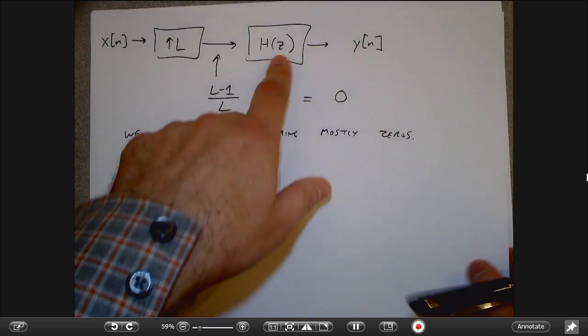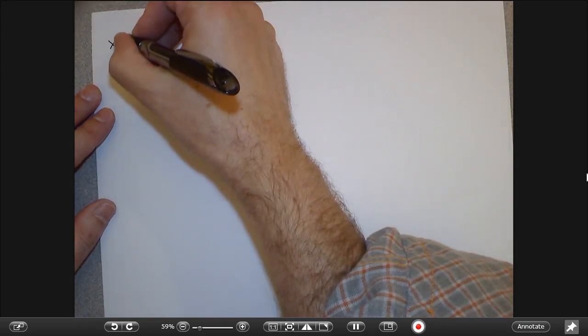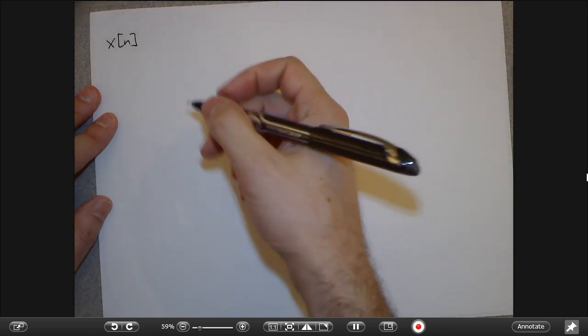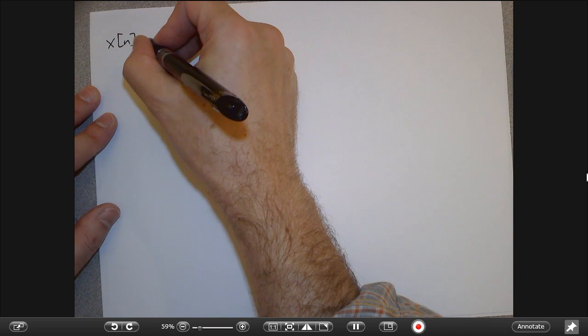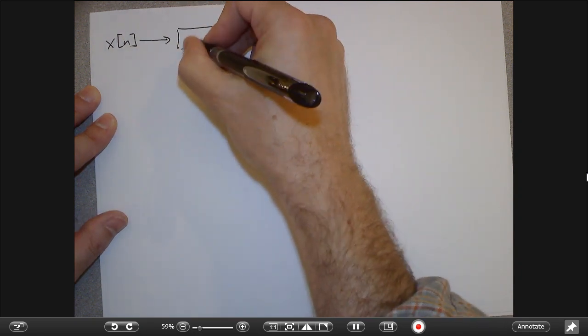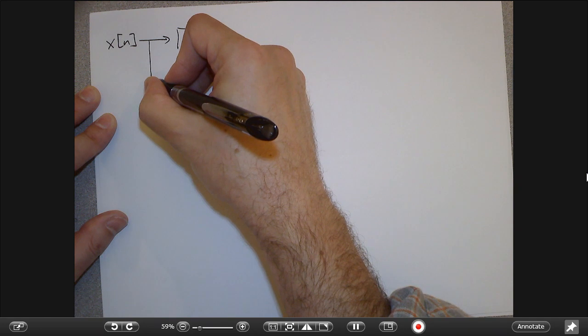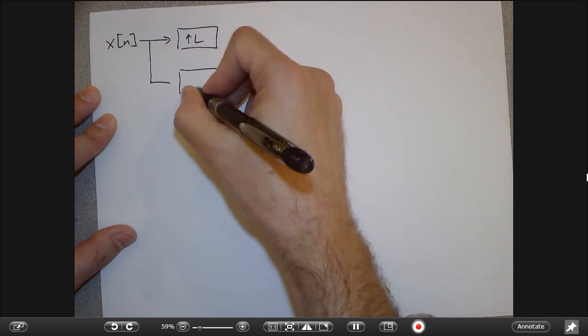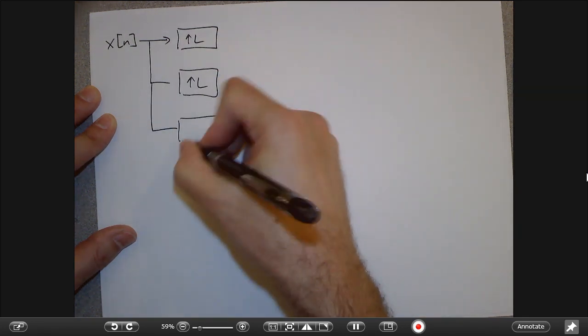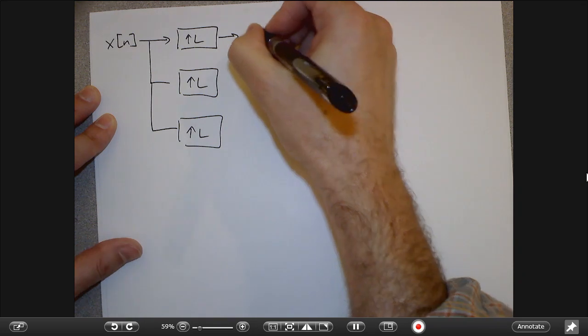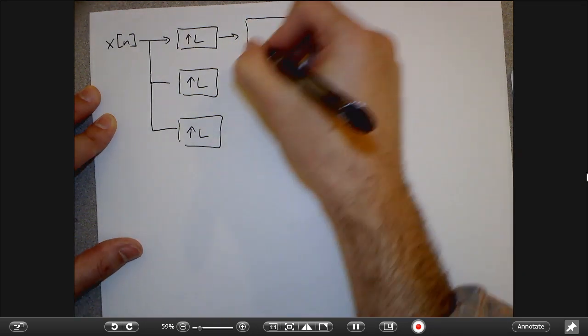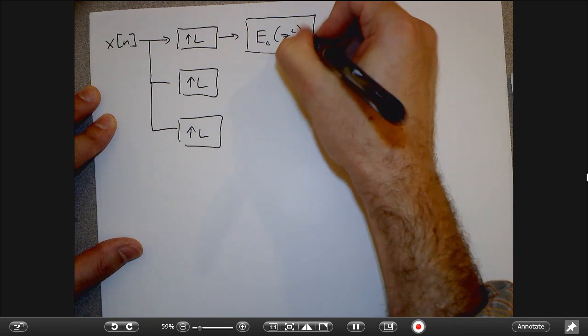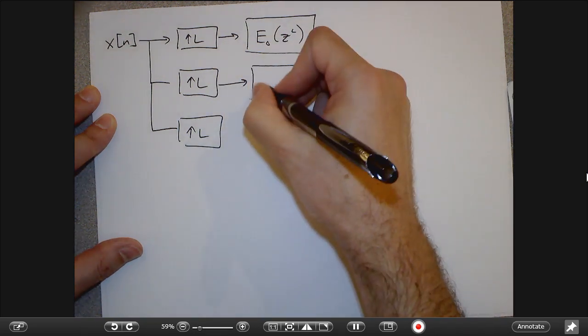So again, if I expand this into my polyphase representation, that would be like saying, okay, I'm going to split my x of n into a bunch of pieces where I'm going to think about it as a bunch of upsamplers like this, each of which gets filtered by a piece of the polyphase guy.